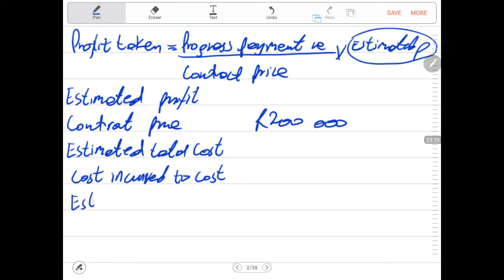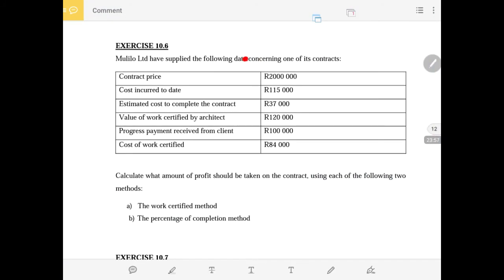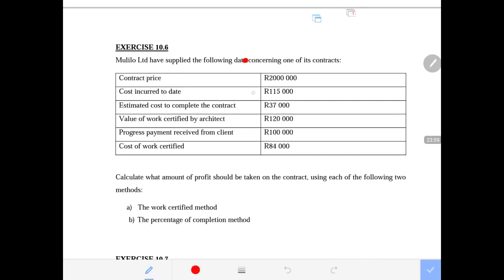Now let us look at the cost incurred to date. The cost that I incurred already up to date is 115,000 rands.